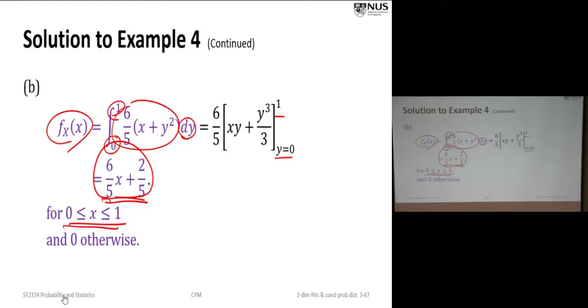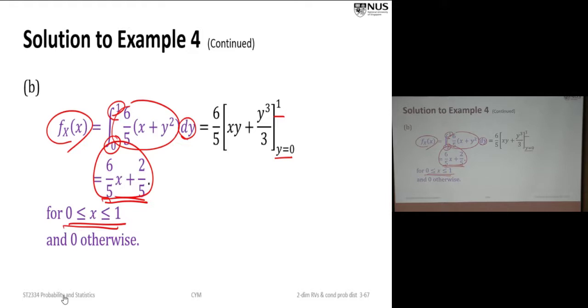You specify that. Okay, so in this case, the marginal of x is not equal to 6 over 5 times x plus 2 over 5 when x is outside the range of 0 and 1. It's only valid when x is between 0 and 1. And outside it, what is f of x? It's 0.